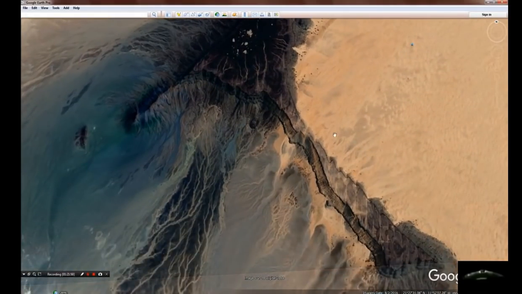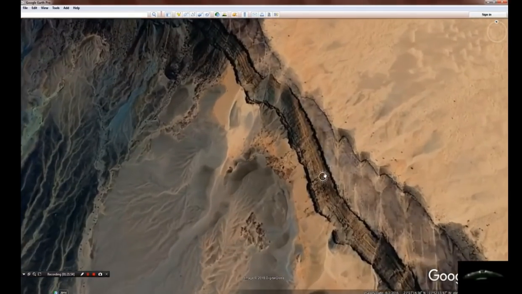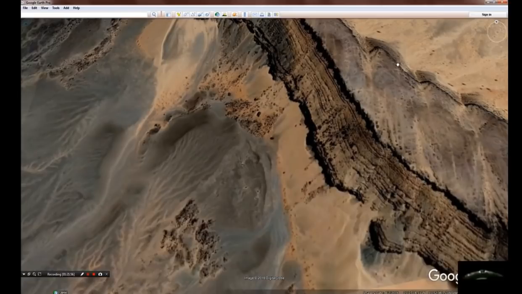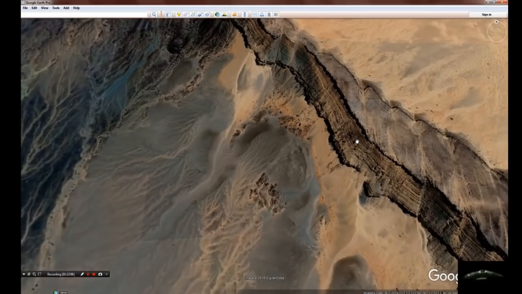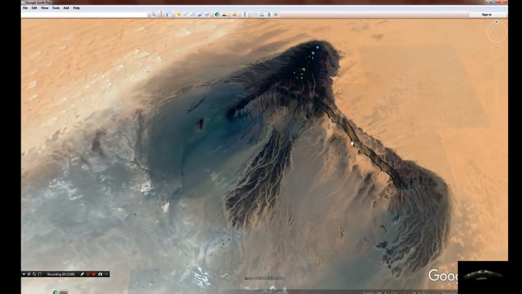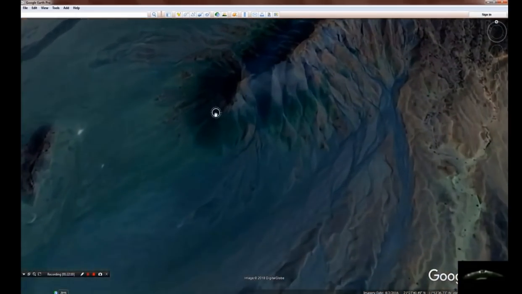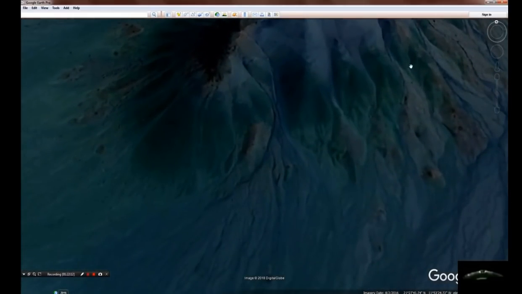Getting a pretty good shot of it with Google. There's that cliff. This is not on the plateau, but it's like the plateau. And those are the layers. See how blue it is. I wouldn't mind going there just to look at that.